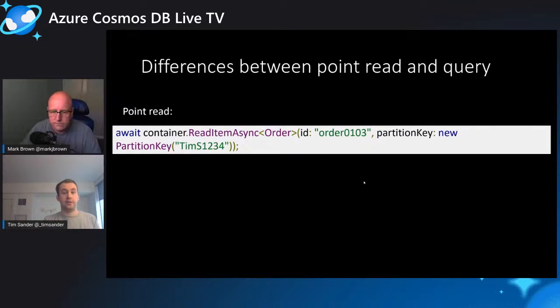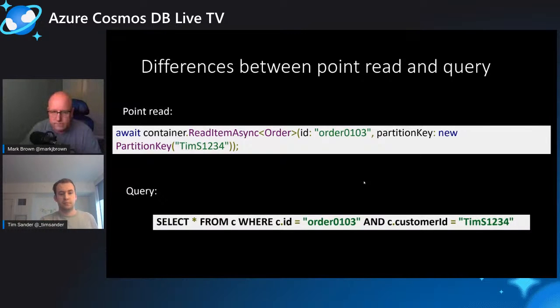This is how I would read that specific document, basically a key value lookup if you know the ID and partition key. And here's a query, an equivalent query where I have my ID and I have the customer ID, and we get the same result. We get the same answer, we get one document. However, there are some differences to keep in mind here.